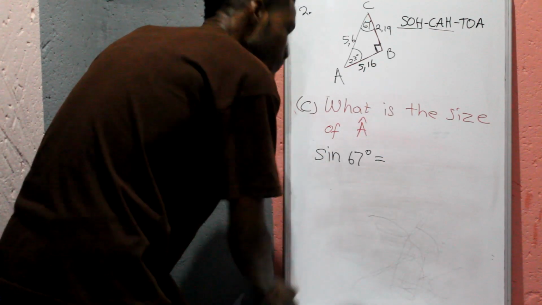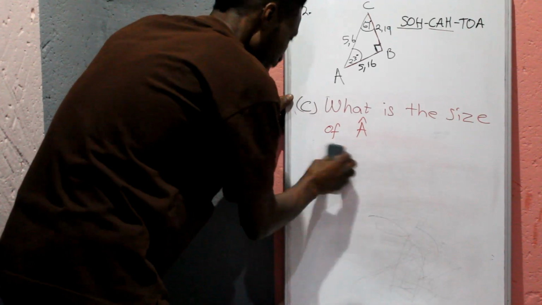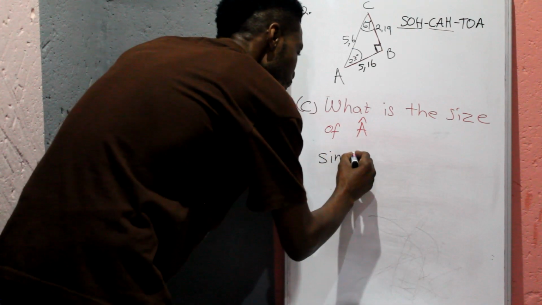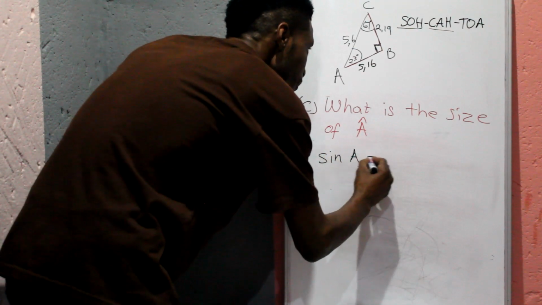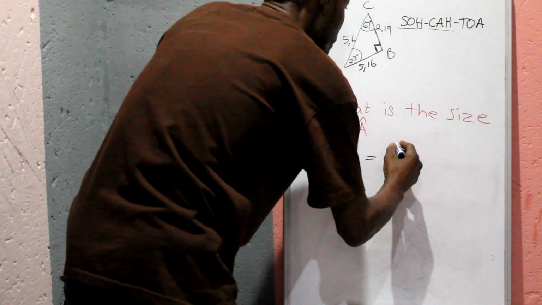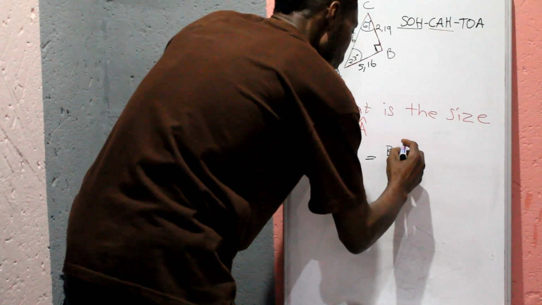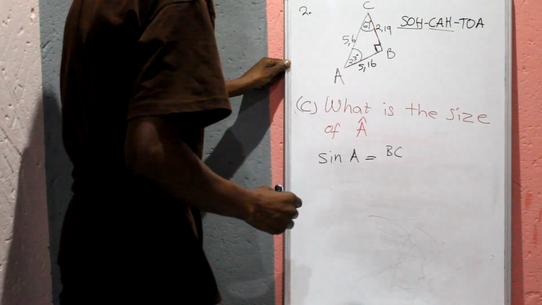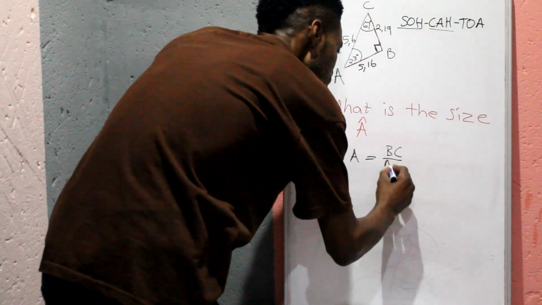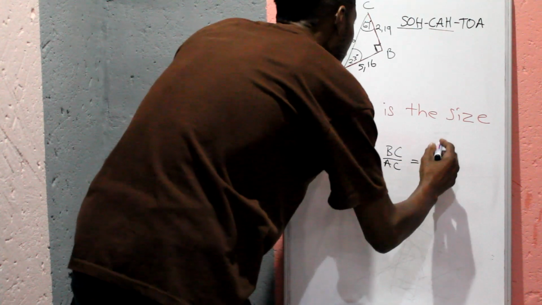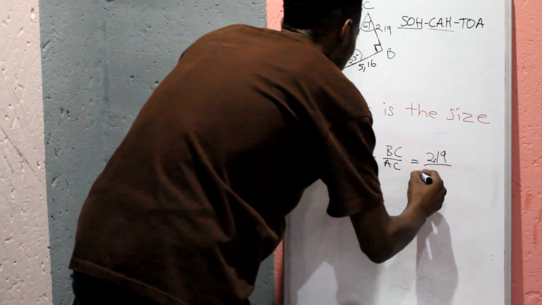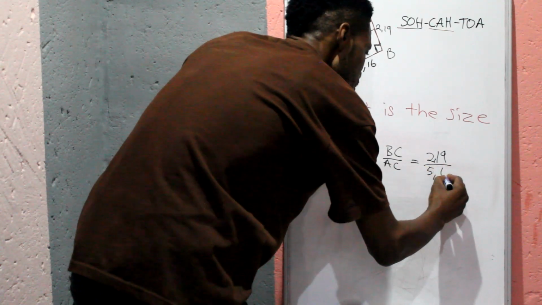We're actually looking for angle A. So sine A will be equal to the opposite side, BC, over the hypotenuse, AC, and BC, we said, is 2.19 over 5.6.